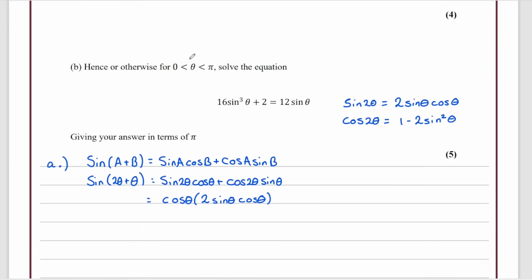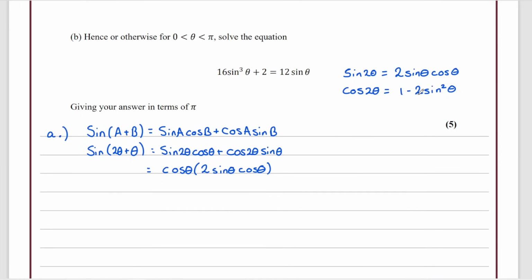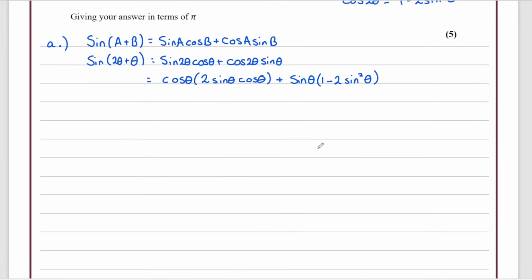So it makes sense to keep that then in terms of just sine here. So we can replace this then. I've got plus, again, I'll write the sine theta here on the left hand side. So plus sine theta here, I've got 1 minus 2 sine squared theta.